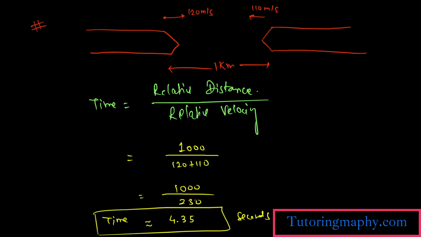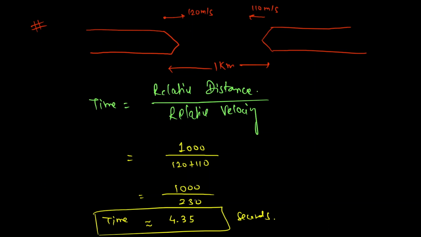Time is not relative, time is time. It would be relative velocity, right? Okay, and we know relative velocity is 120 plus 110, so that would be 230. So it would be 1 divided by 230.